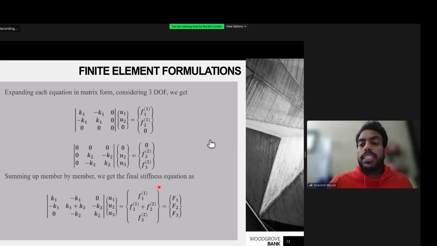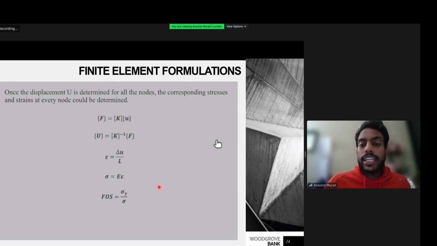Once the displacement is determined, we could calculate the strain in the body by comparing the deformations with the original dimension of the body, thereby determining the stresses at every nodal point. Hence, the FOS is calculated by dividing the stress at failure by the initial stress found in the soil.